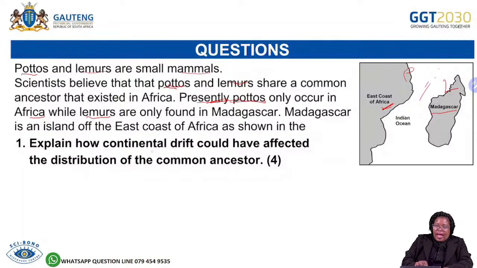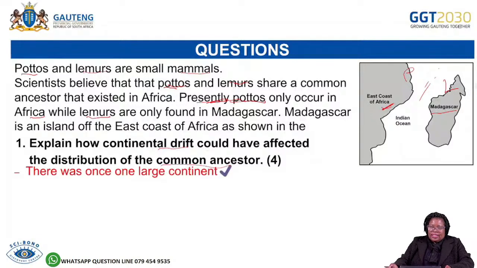Explain how continental drift could have affected the distribution of the common ancestor. Remember, with continental drift, continents are separating. Continents are drifting apart. So explain how continental drift could have affected the distribution of common ancestors.